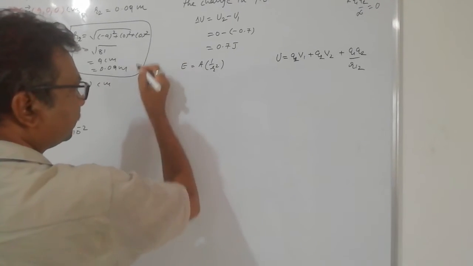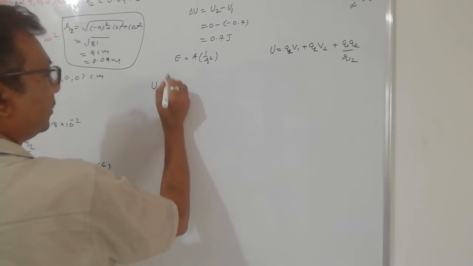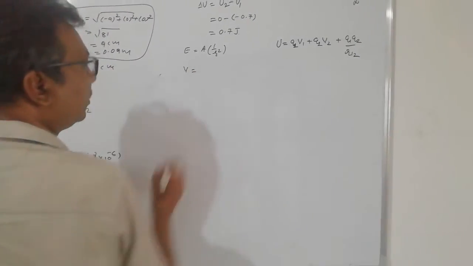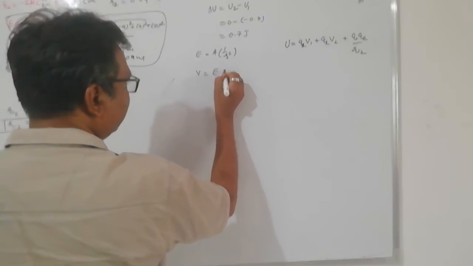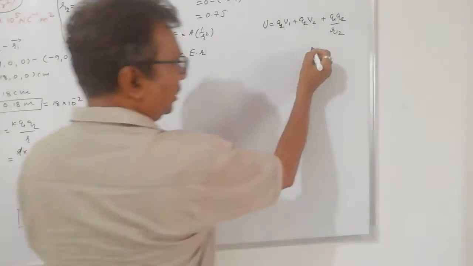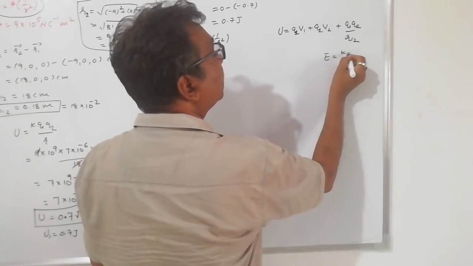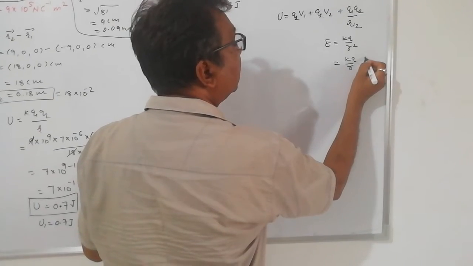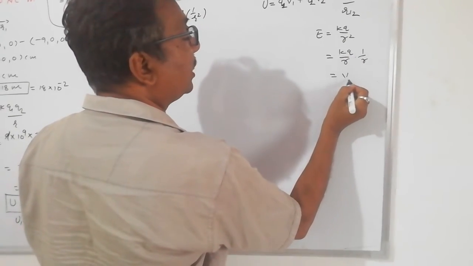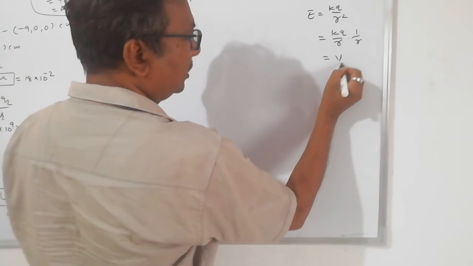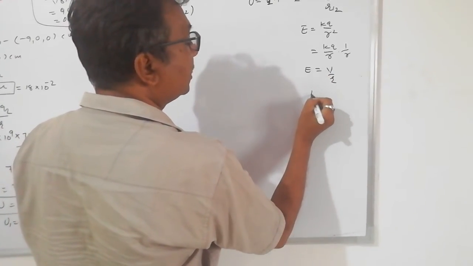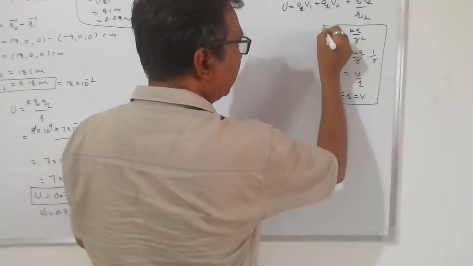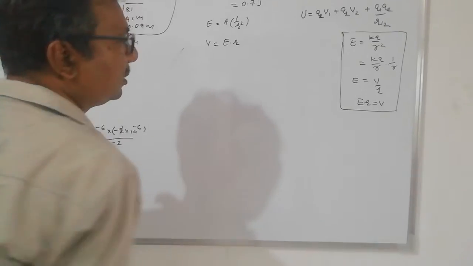So now U is equal to, but before using this formula, I have to find out V. V is equal to E into R. See, again, E is equal to KQ upon R square. So KQ upon R square into R, KQ upon R is equal to V. So you can see that ER is equal to V. If you don't understand how this formula came, this is the method.